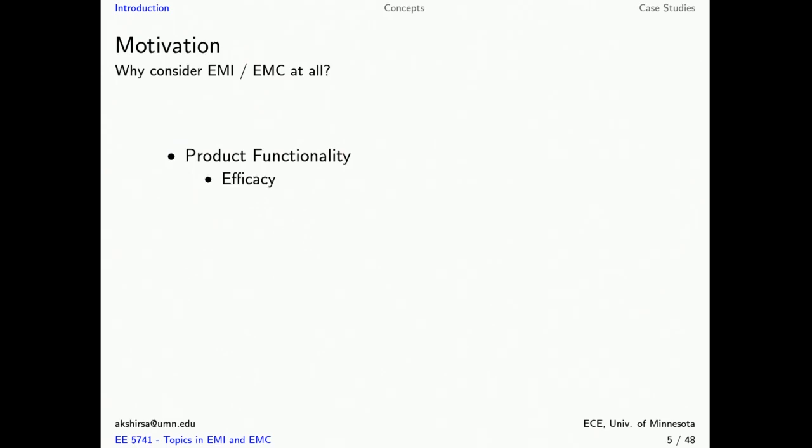And the product must have a good efficacy, which means the effectiveness of the product in the intended or expected environment must be good. For instance, if we are making a Bluetooth speaker that is supposed to work with cell phones around it, we expect that cell phones are emitting electromagnetic radiation as part of the normal operation, which is calling or texting.